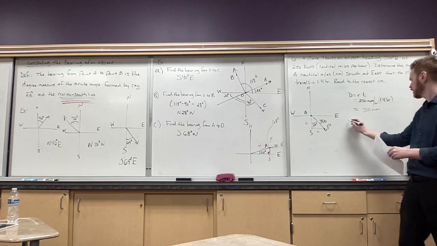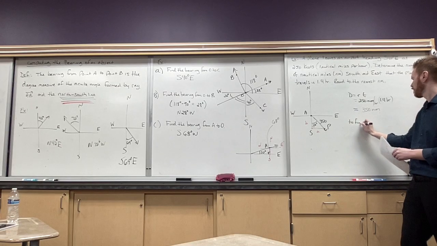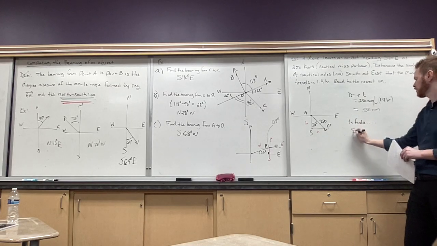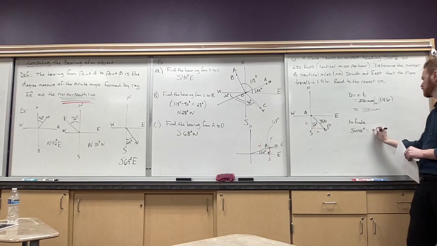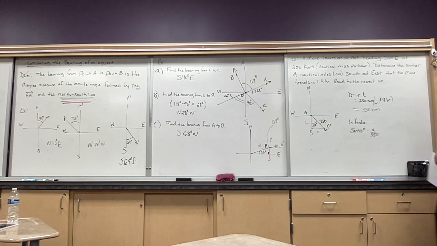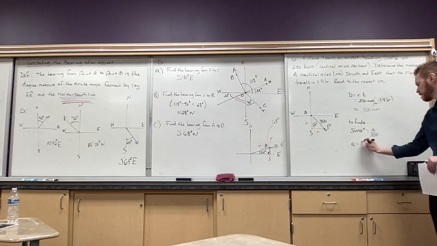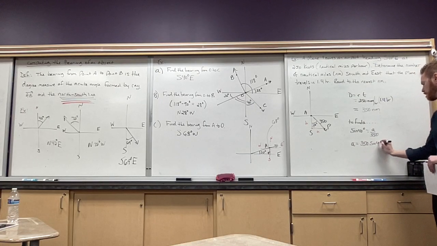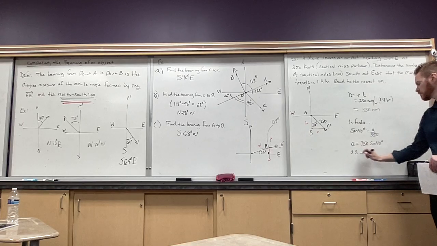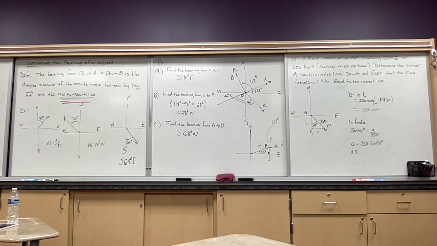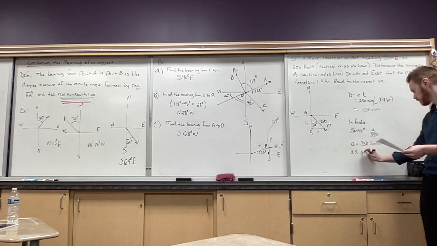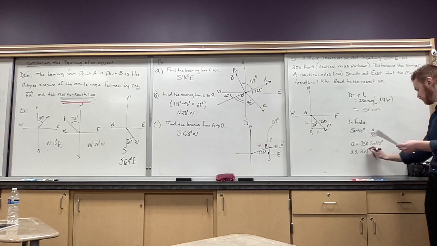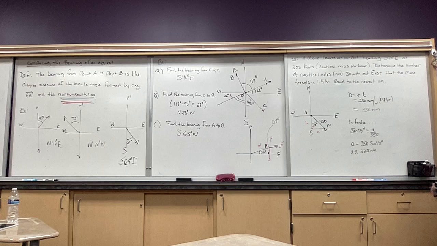So to find a, we're going to do sine of 40 degrees equals a over 350. So multiply both sides by 350. Please be careful, make sure your calculator is in degree mode when you're doing this. And we get approximately, because we're rounding to the nearest nautical mile, 225 nautical miles. And this is in the east direction, so we're going to put east next to it. So that's how far it traveled east.